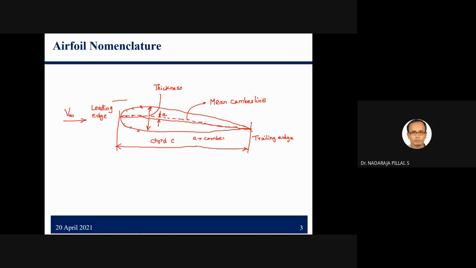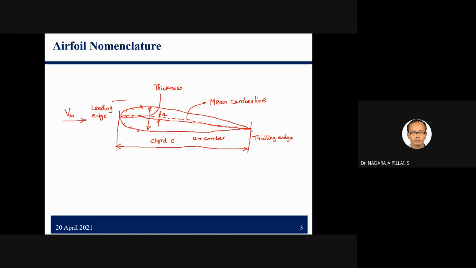You can say mean camber line and camber. So the definition of camber is the maximum distance between the mean camber line and the chord line, measured perpendicular to the chord line.